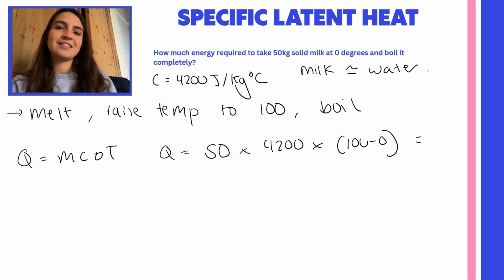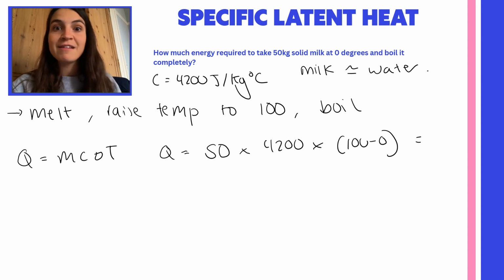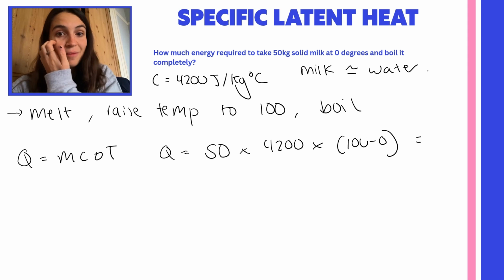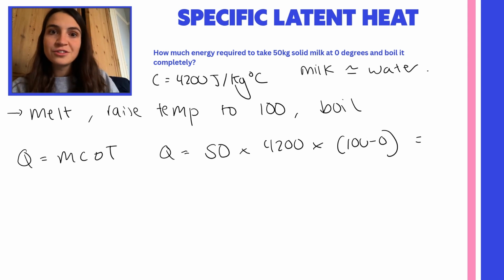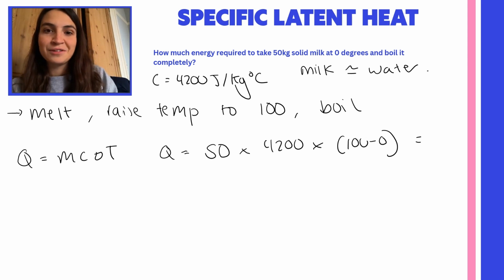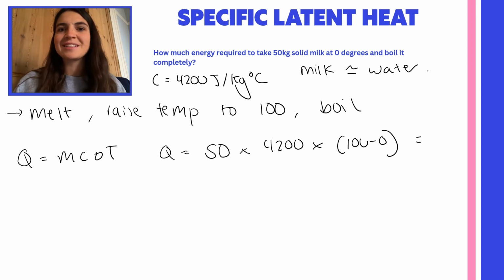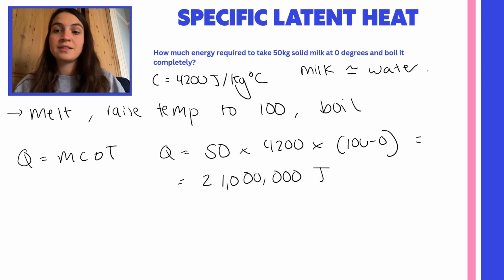We've put that as our C here. We're assuming for this question that milk acts very similarly to water, which is exactly why the change in temperature needs to be 100 degrees minus 0 degrees, its initial temperature, because we're going to say that it's going to boil once it's reached 100 degrees. So if I multiply those things together, I get 21 million joules.